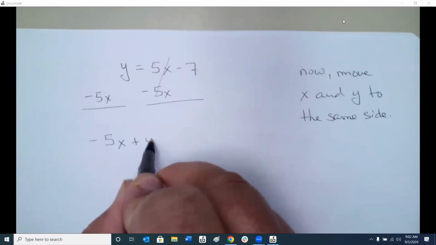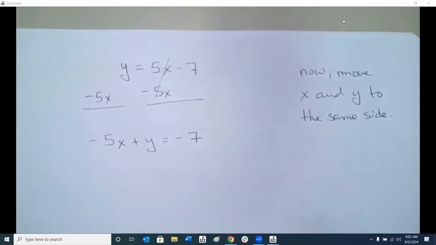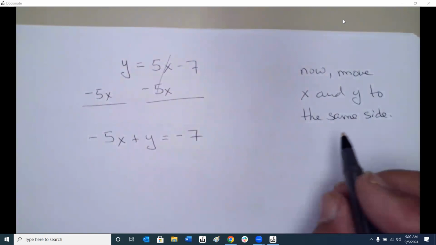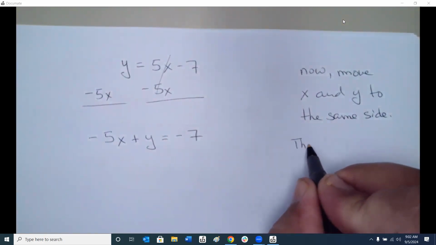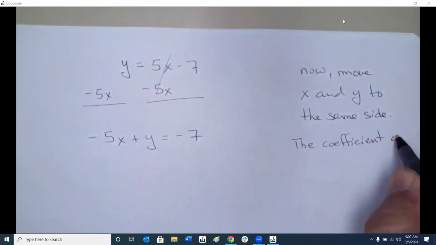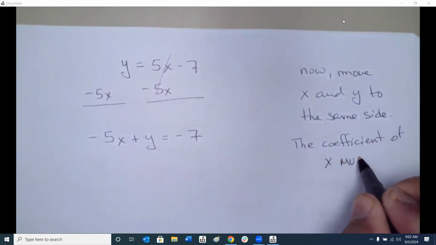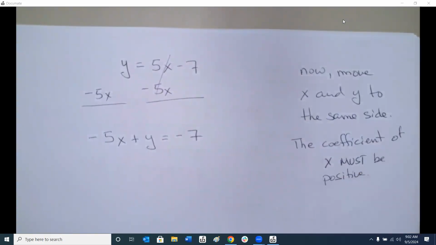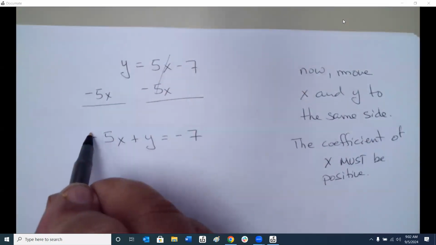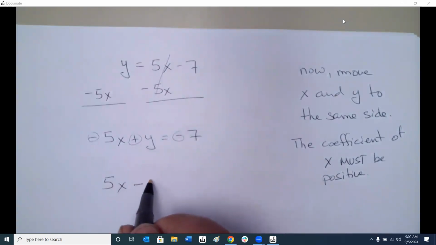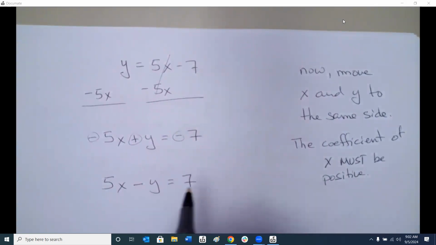We have negative 5x plus y equals negative 7. The coefficient of x must be positive. So we change all the signs. So it becomes 5x minus y equals positive 7.